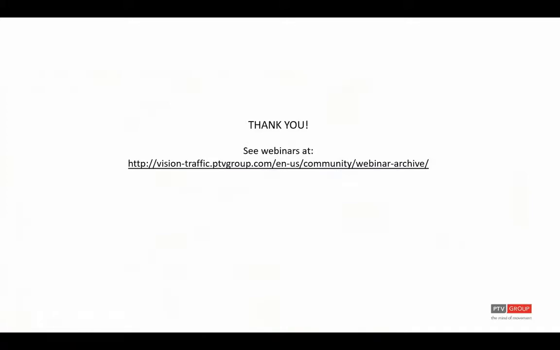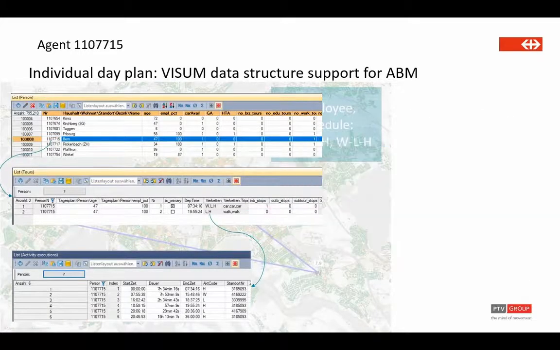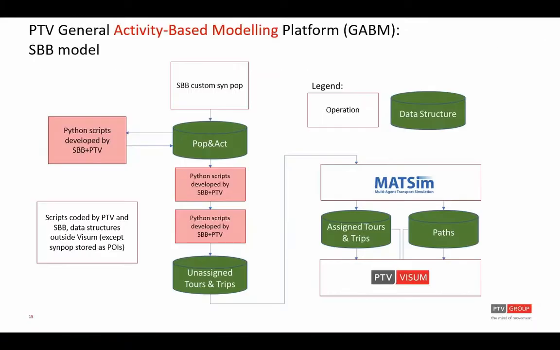Can you go to the flowchart for the Switzerland ABM? Did I have a flowchart? Yeah. This one? Okay. Are those steps below population and activity just the choice models for destination, intermediate stops and all that? Yeah, those are all your linked econometric models: tour frequency choice, destination choice, mode choice, all of those. Are those included in Visum or external scripting?